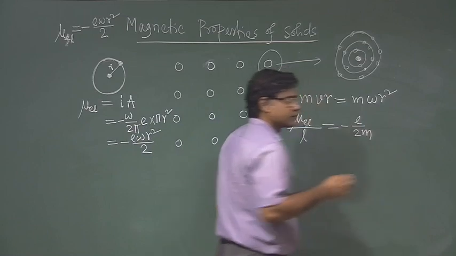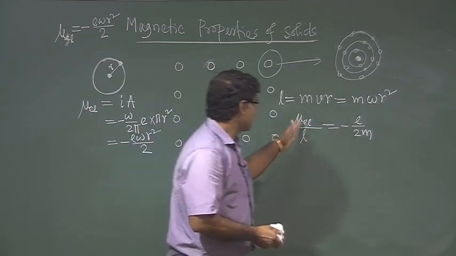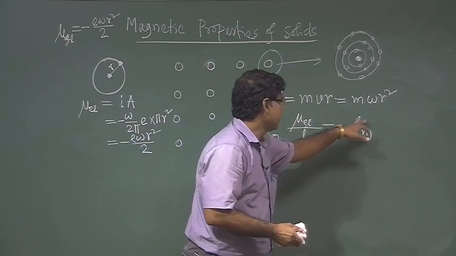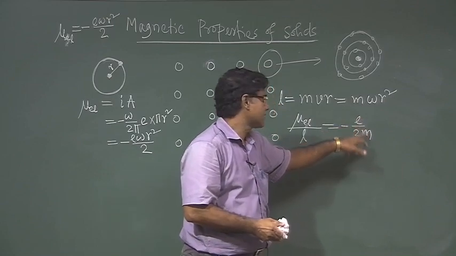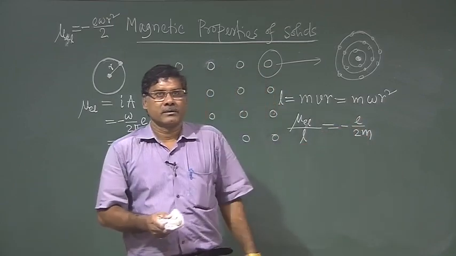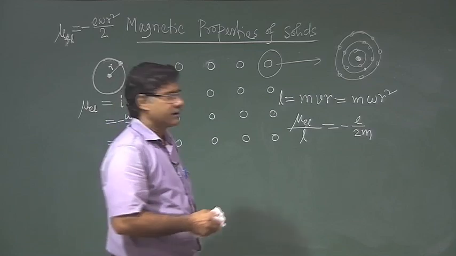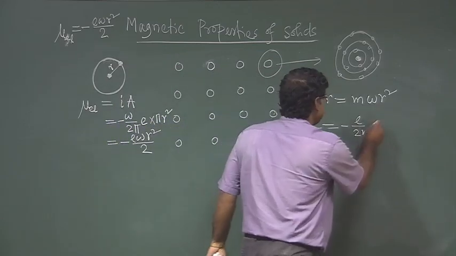So this ratio is constant. E is the electronic charge and m is the mass of the electron, so these are constant.